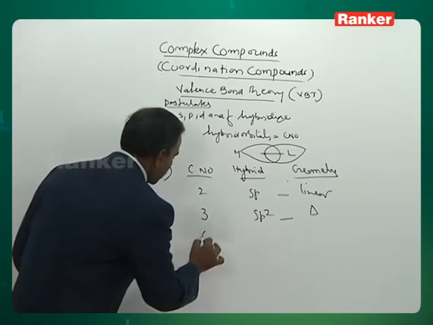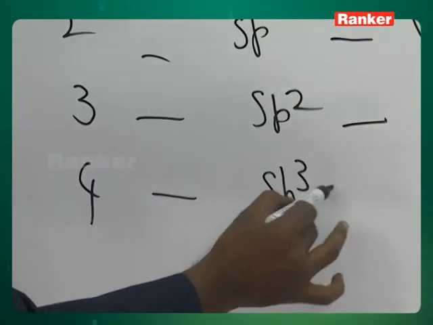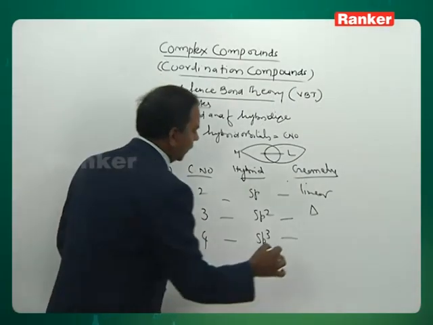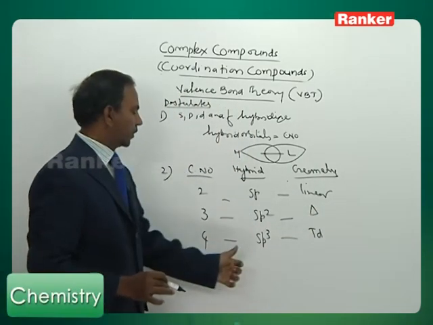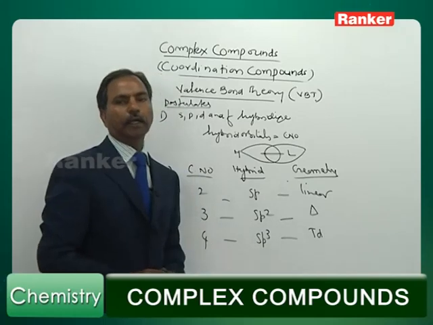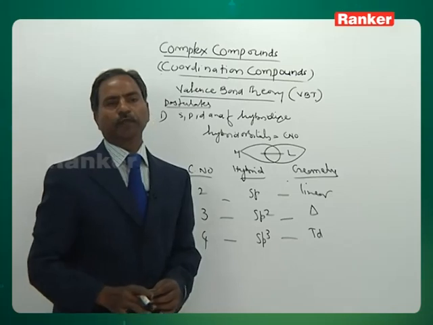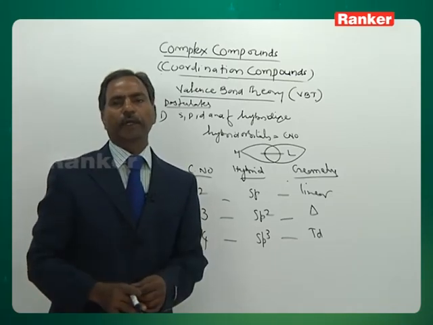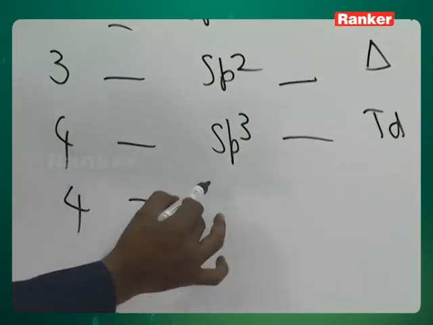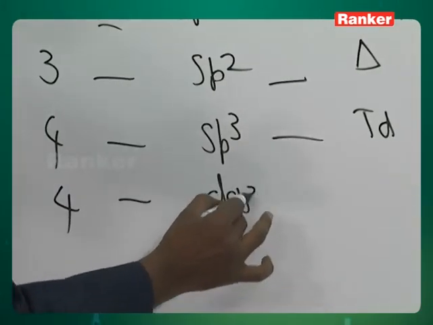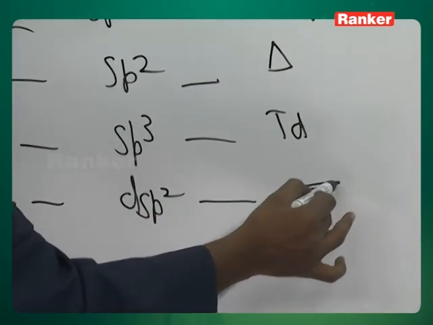Next, take coordination number 4. Then the possible hybridization is sp3, and it is tetrahedral geometry. Another choice is also there. Whenever the coordination number is 4, another possible geometry is square planar. Another possibility I am writing: for dsp2 hybridization, you can take it as square planar geometry.